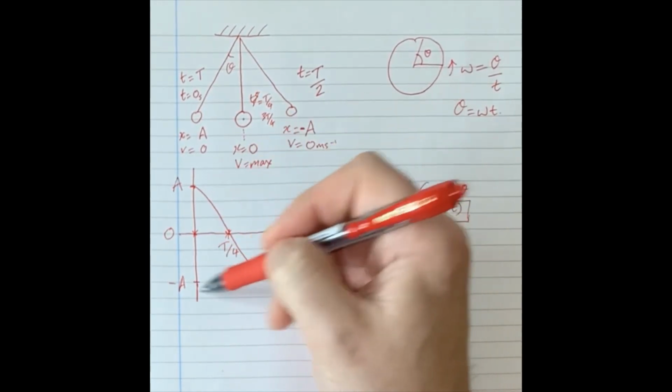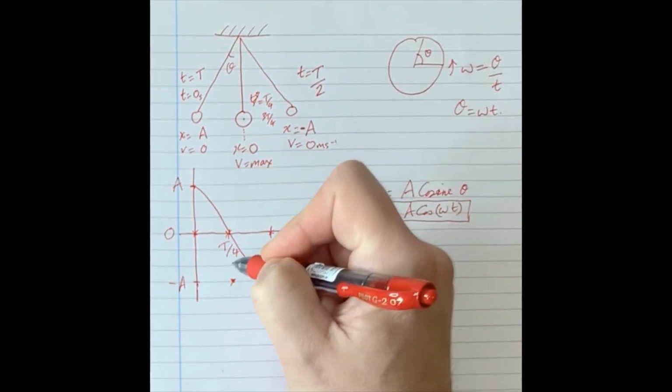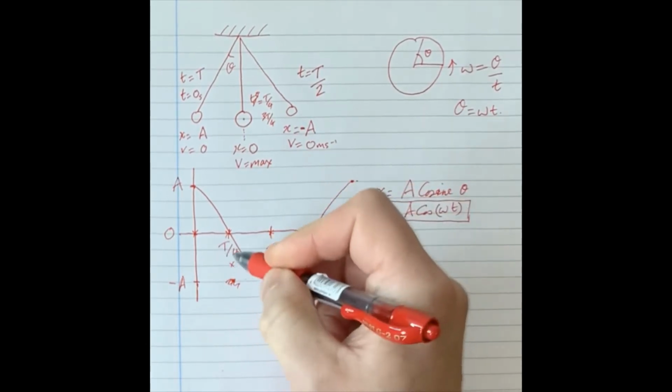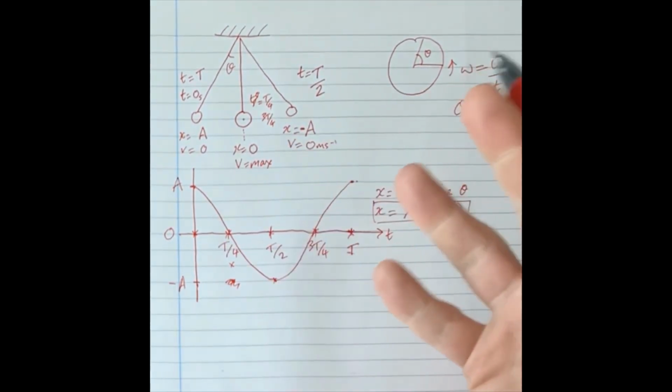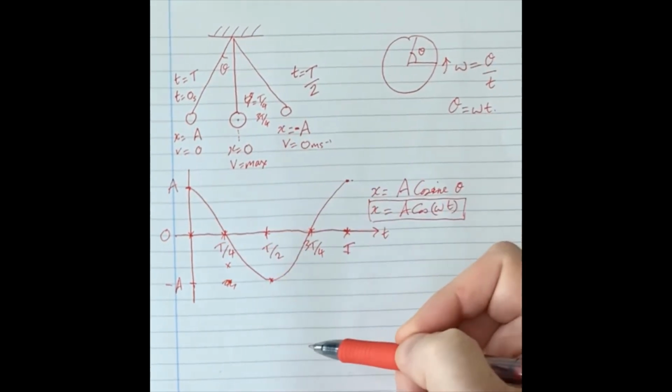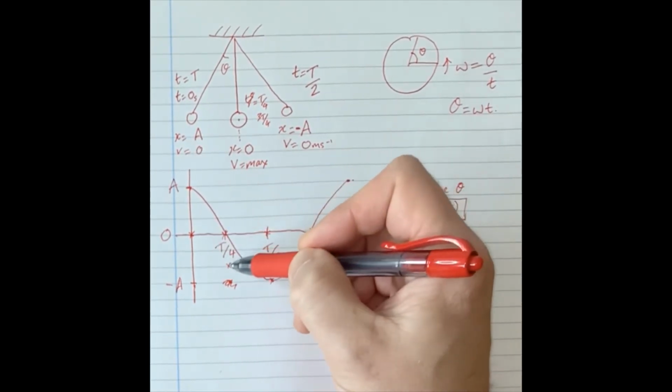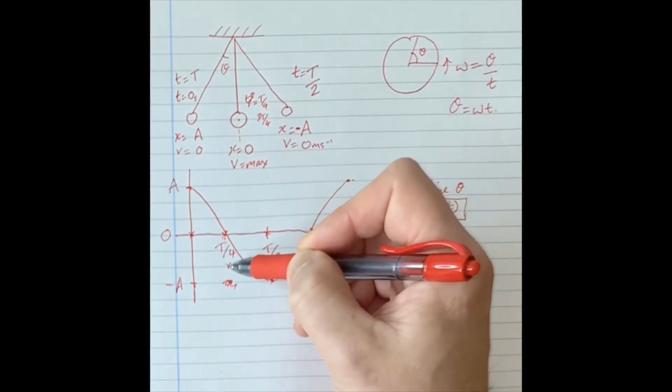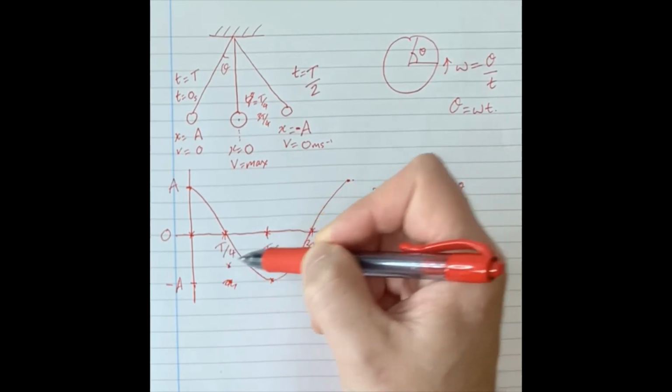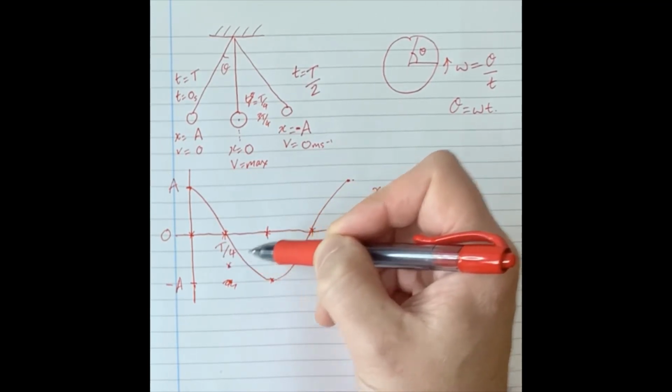Note that this is not the same scale, okay? Maybe just to make it clear, the velocity might not necessarily be equal in size to the displacement. So here at t over 4, it's going to be minus, okay, so this is our maximum negative velocity.